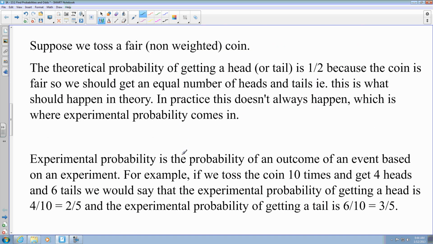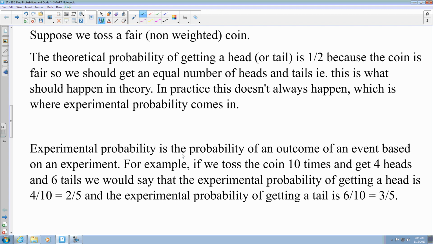In this example here, they talk about tossing a coin, which is a fair coin, what they call it. We know that the theoretical probability of getting heads or tails is 50-50 or 1/2.